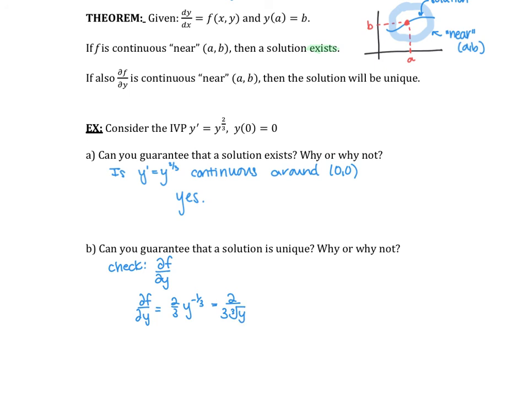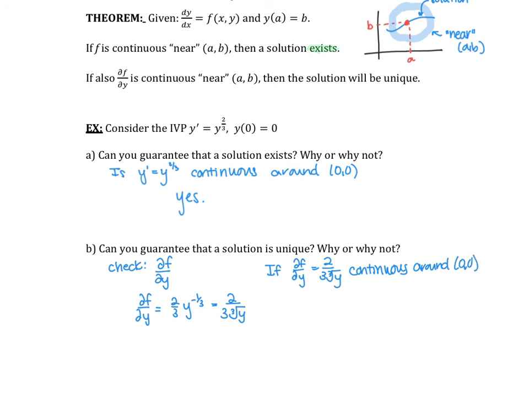So if it's going to be unique, then I want to know, is the partial derivative with respect to y, which is 2 over 3 cube root of y, continuous around (0, 0)? If it's continuous around (0, 0), then it's unique.